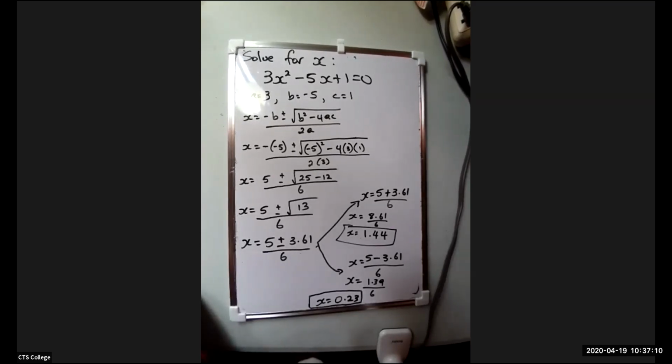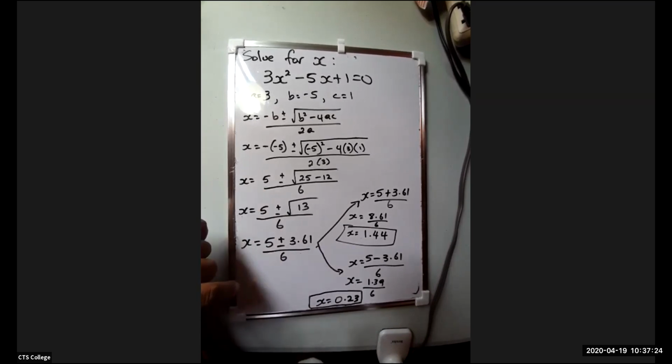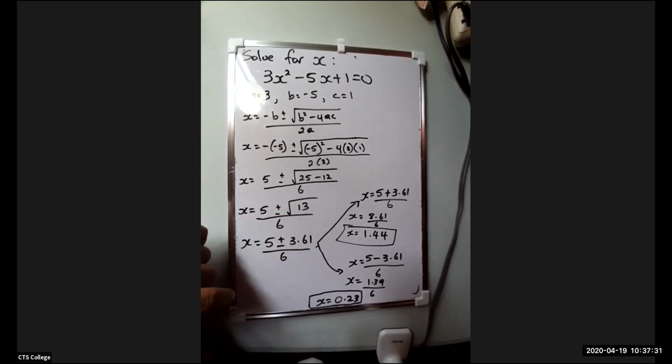I have one question. For x is equal to 5 plus or minus the square root of 25 minus 12, divided by 6, I went wrong because I didn't square root the 13. I plugged it into the calculator and got a different answer.